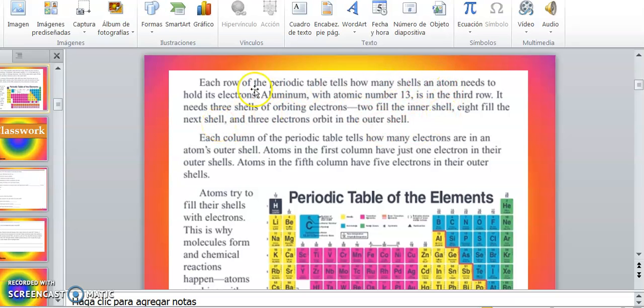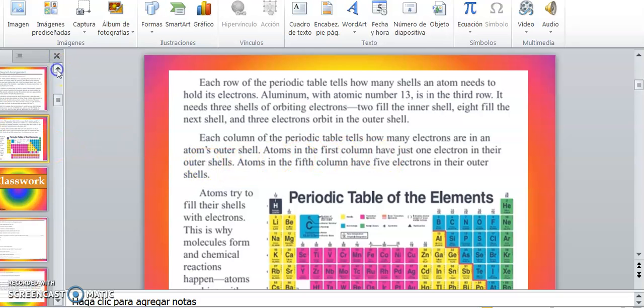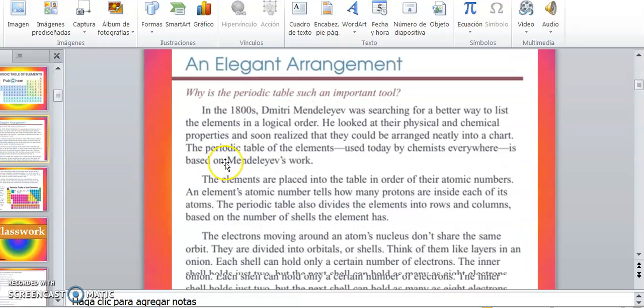This is our answer. Look, each row of the periodic table tells how many shells an atom needs to hold its electrons. Right? This is an example. So we know that each row tells me the atoms' electrons.